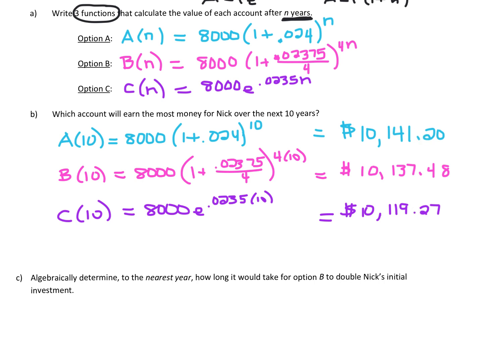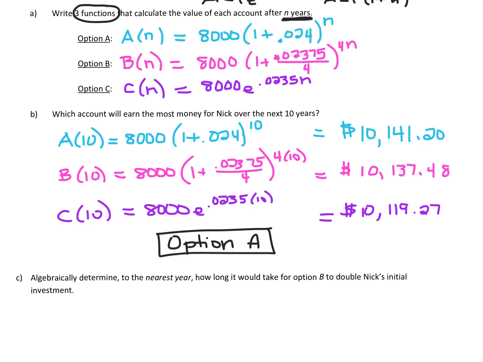So with money, that's the one time that you don't use the entire number that your calculator gives you when comparing two accounts. You round to the nearest cent. But anyway, you could tell by looking at these numbers that option A would earn Nick the most amount of money over the next 10 years.